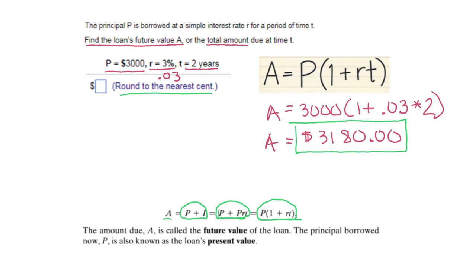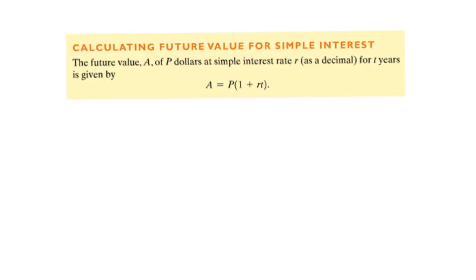Again, A is your future value or your total amount. So here's the formula once again for calculating the future value for simple interest problems. All right, so A is your future value. P is dollars. That's the amount that is loaned out or the amount that you are receiving.